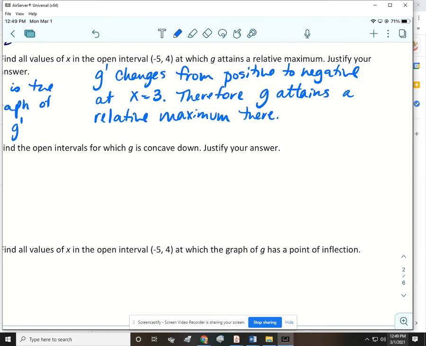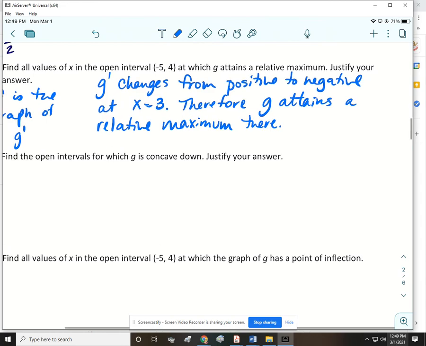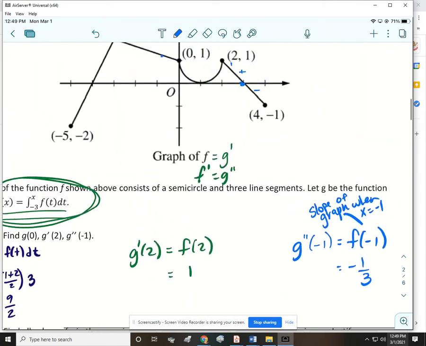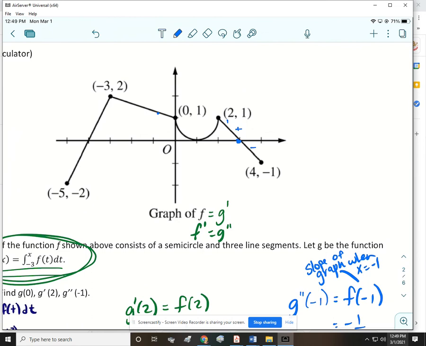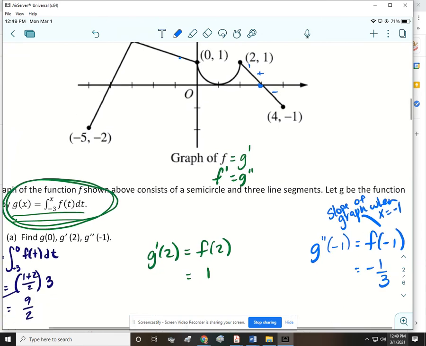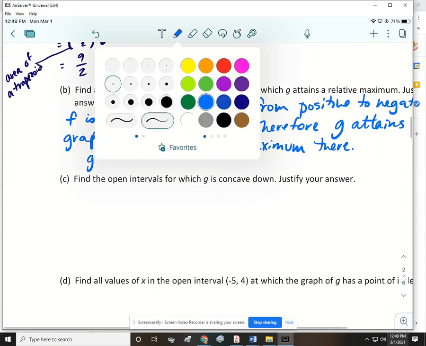Okay, C. Find the open intervals for which G is concave down. So don't forget that this is the graph of G prime. What happens on G prime when G is concave down? Decreasing. So I'm going to write it again.